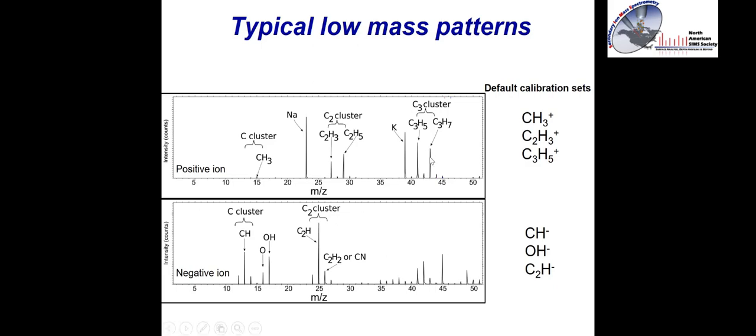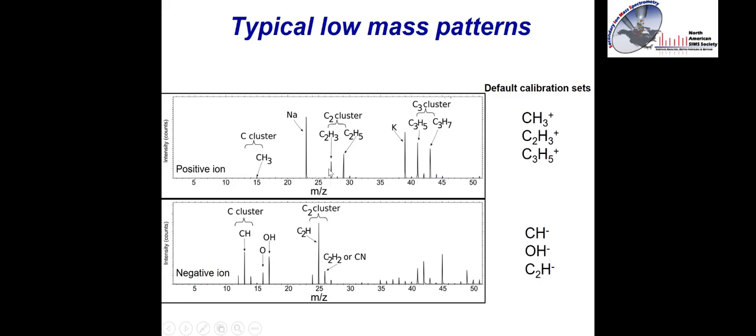typical patterns. So in the 0 to 50 range of pretty much any spectrum, it's very typical you'll see a pattern similar to this. Sodium and potassium are common ions that show up on lots of surfaces. And then we have fragments that will come from either hydrocarbons absorbed to your sample or molecules present in your sample that contain carbon, that will give you a cluster of C1, C2, and C3 atoms.